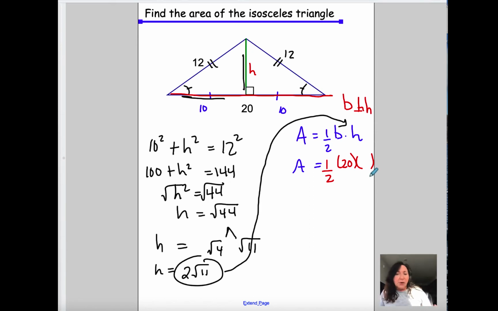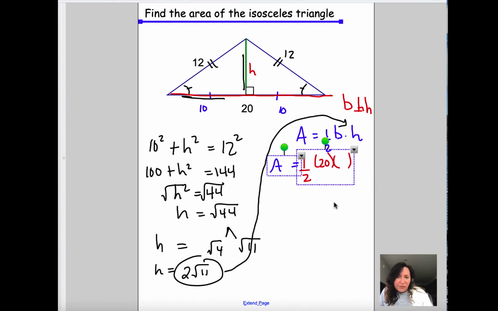Now, what I'm going to do with that is plug it in right here, because remember, ultimately, I'm trying to find the area of my triangle. And the area of my triangle is going to be 1/2 base times height. Remember, we already have the base. The base is 20. But we didn't have the height. So now the height, we know, is 2 root 11. All I have to do is multiply these out. When you multiply these out, this 2 will divide into one of these values, either this 2 or this 20.